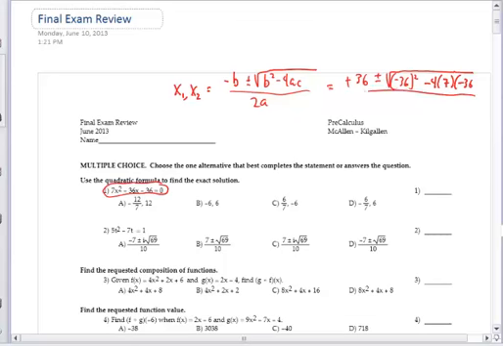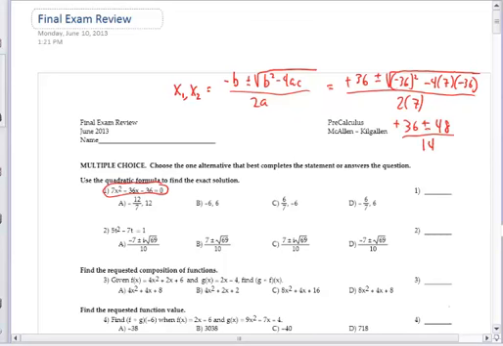For this I would need a calculator. Now on the final, we won't give you a problem that would need a calculator to compute these values. That would be all over 2a, so the a value is 7. I'm just going to pause the video so I can use a calculator to compute what the answer would be.